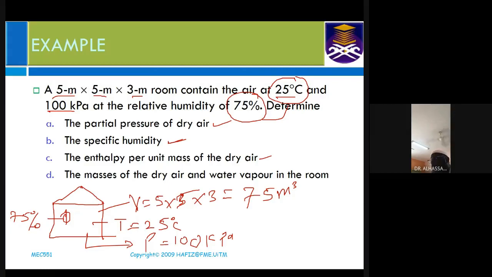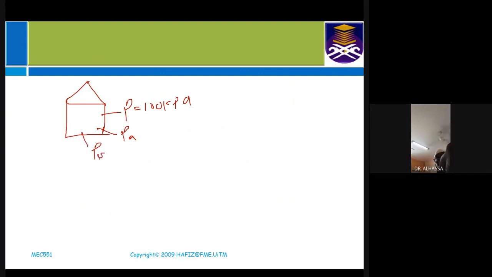Now we want to determine the partial pressure of the dry air. Let's say this is the house. The total pressure equals 100 kilopascal. Every atmospheric air consists of the partial pressure of the dry air component and the partial pressure of water vapor, which is the moisture.